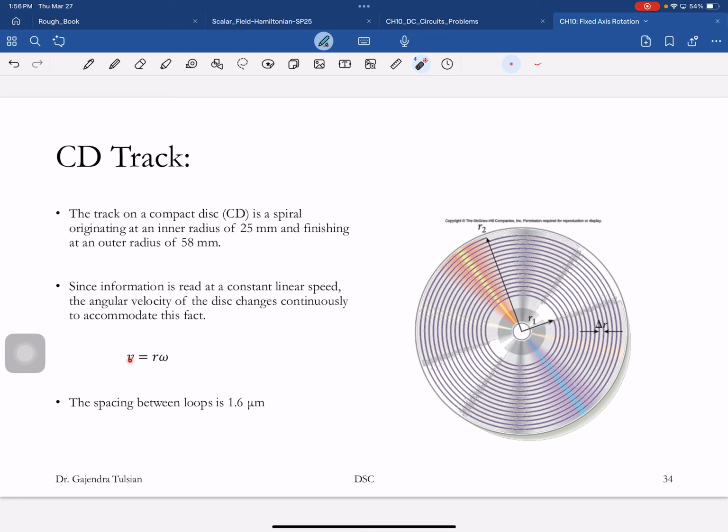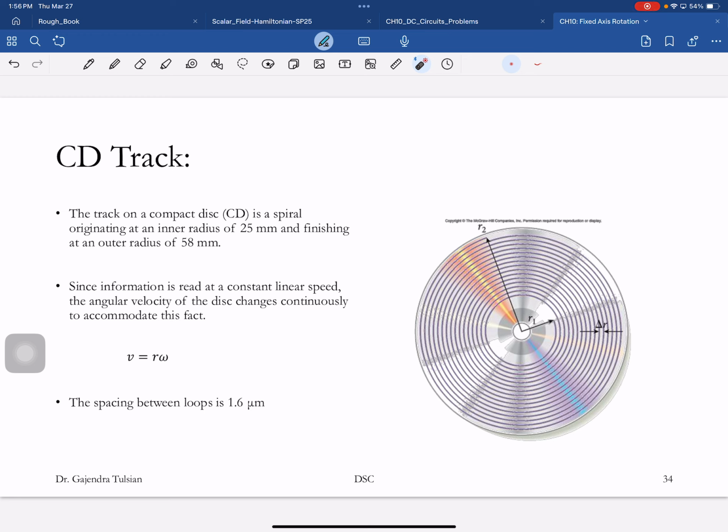Now, if this has to be constant, what do you have to do? As r is changing, omega has to change. So you've got to have a variable speed motor to read that.